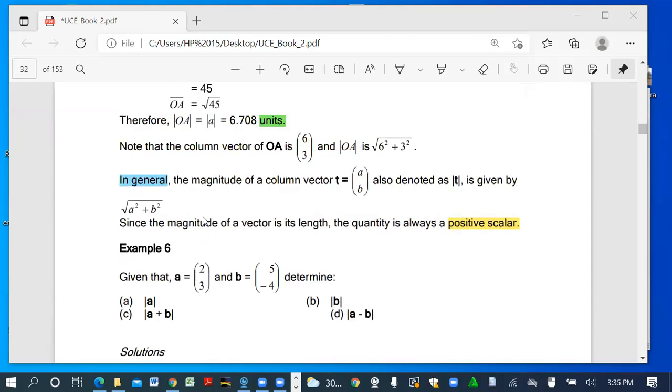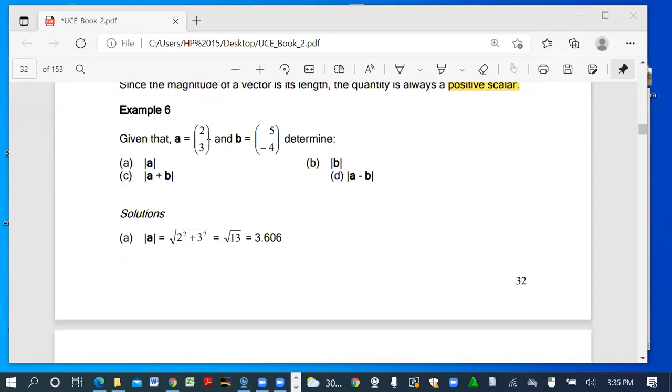I never wanted to show you the answer, but that is A. That's how you get A. Just square this and that, and you have the answer. Let us see part C, A plus B. You can write part A in your books, no problem, but let us proceed and see how we do part C.